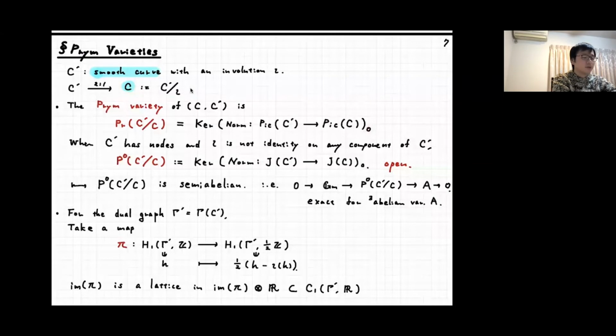This is a definition of Prym variety, and we just want to generalize this definition to even the case of the nodal curve.